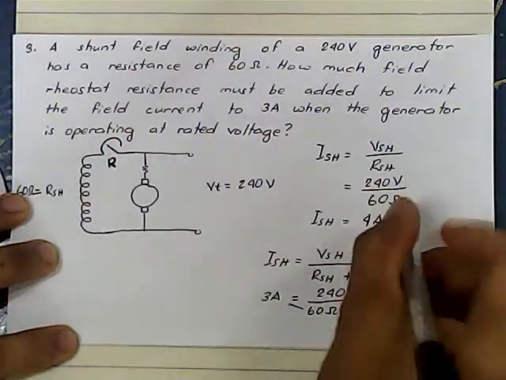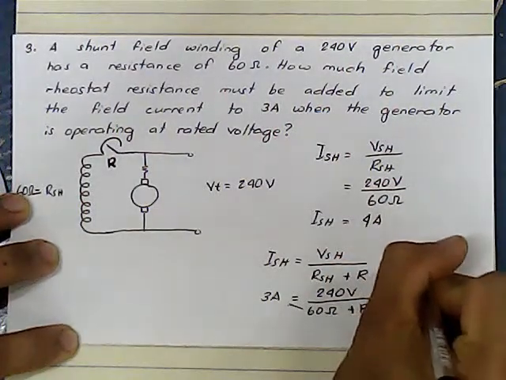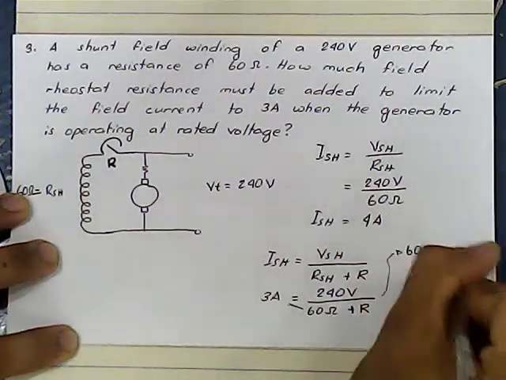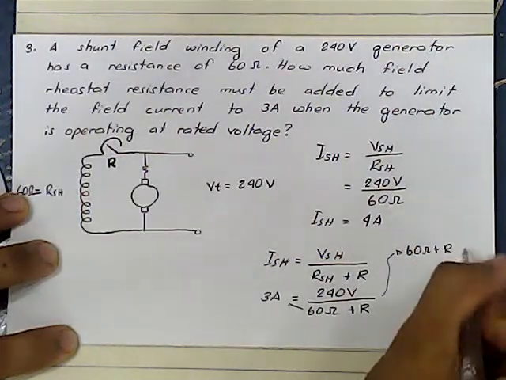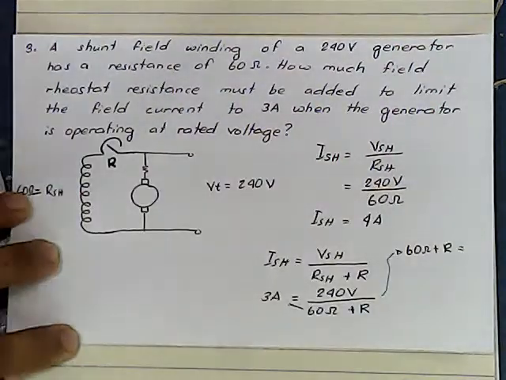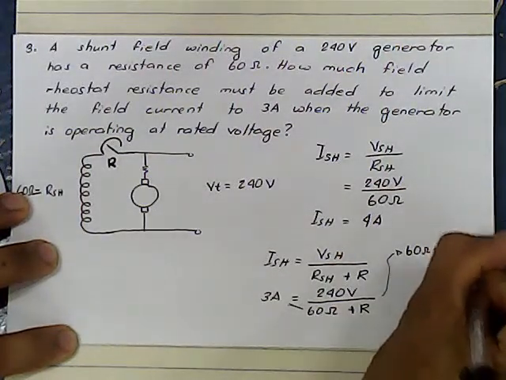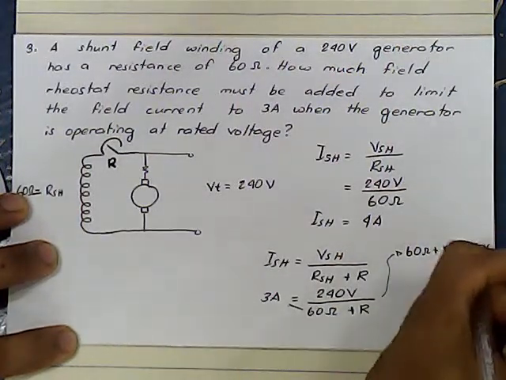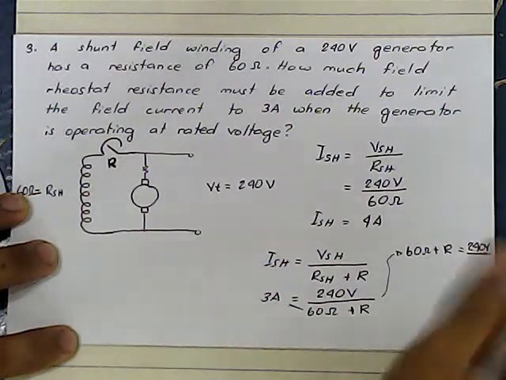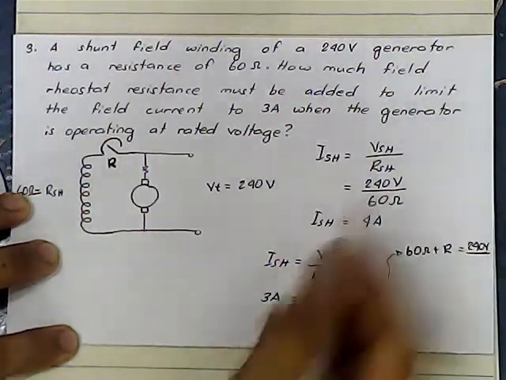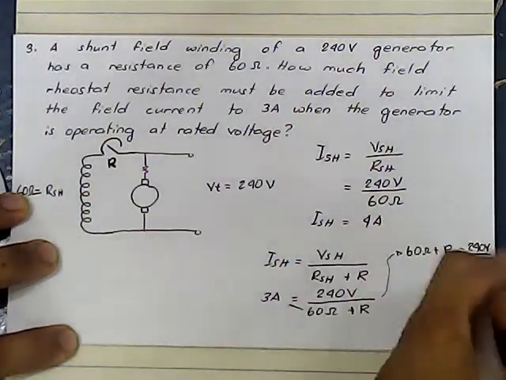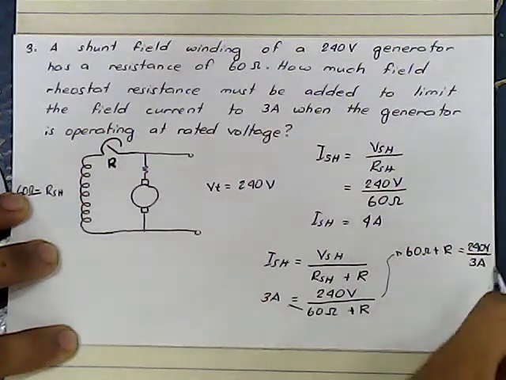So, nag-cross-multiply tayo. We're going to have 60 ohms plus R is equal to 240 volts, divide natin ito ng 3 amperes dahil cross-multiply natin doon. So we have 3 amperes.